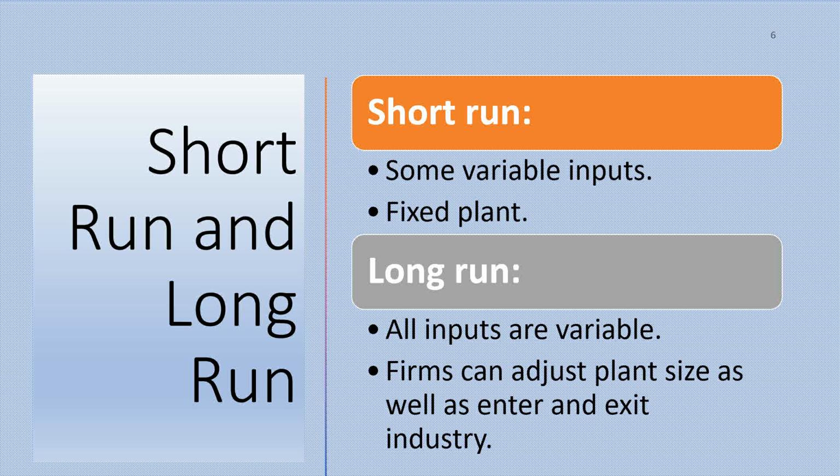So our little factory makes chairs, and you've got all this equipment, saws and lathes and all that. You can hire and fire workers, perhaps, on a daily basis. It takes quite a while, though, to double that plant size. There you're looking at a long-run decision. In the long run, all inputs are variable, so all your capital is variable.